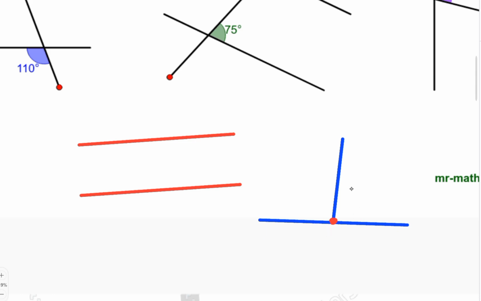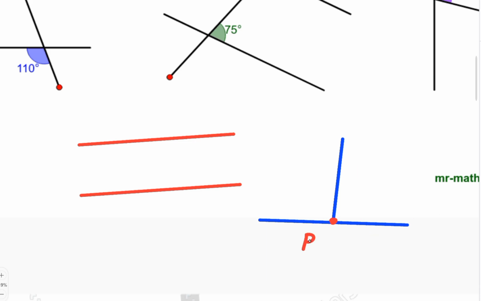So what are these lines called? The lines that look like a T or like an L. This is making an L, this is making an opposite L. These lines meet each other at this point, one of them is vertical, the other one is horizontal, and they are straight.